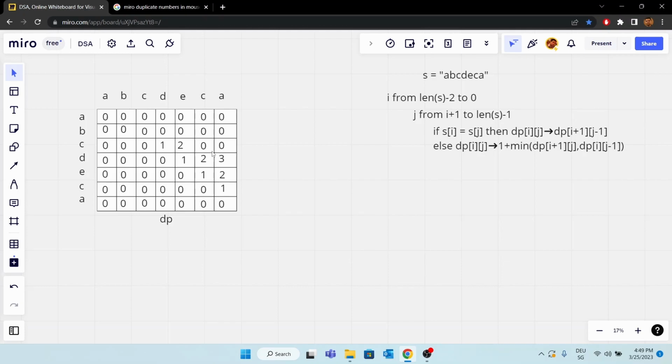But here is an interesting thing. If you have a look at this cell, here we have at the top C, and at the very left we have C. So both of these characters are the same. So what will happen? According to our recurrence relation, we simply take the value of the next row and the previous column.